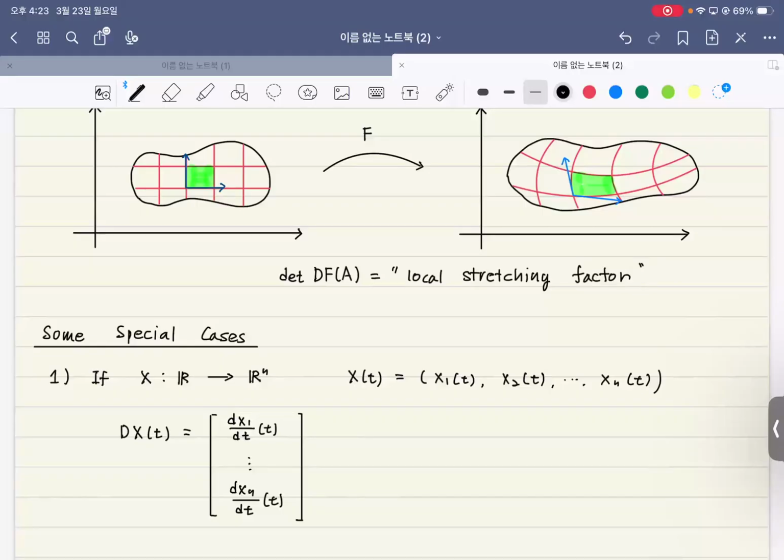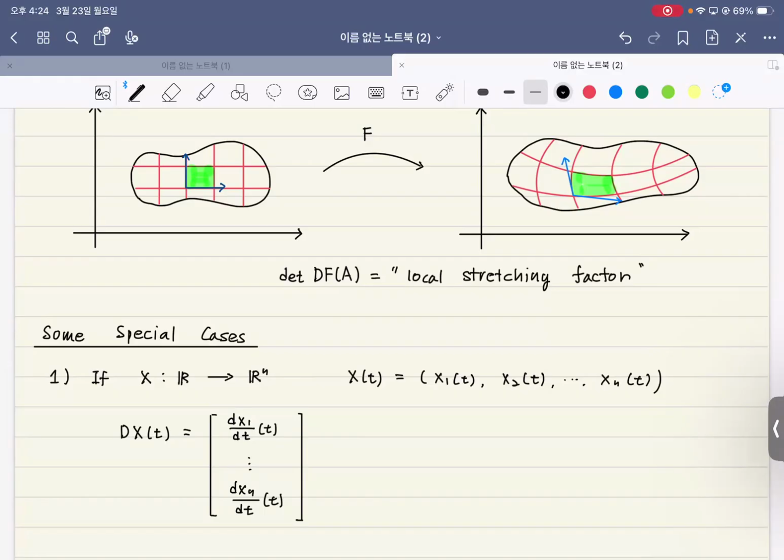So this would be your matrix derivative. And can I interpret this matrix derivative differently? Yes. I can say this is the velocity vector of the curve.